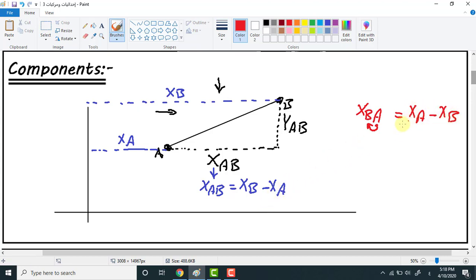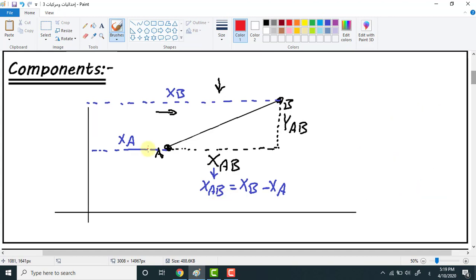From this equation and this equation, we can notice that XAB doesn't equal XBA. XAB equals minus XBA. So the components are a vector quantity, having a value and a direction.